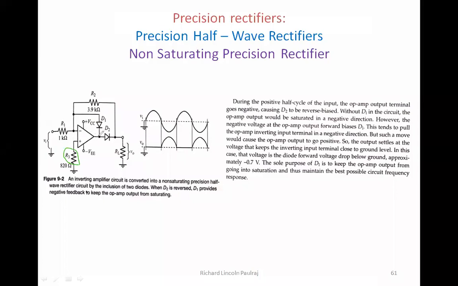Because if I give positive feedback, there is going to be a lot of oscillations, and I do not want that. I want minimal oscillations, and I want my output to be as stable as possible. So the best bet for me is to have negative feedback, and that is done through diode D1.